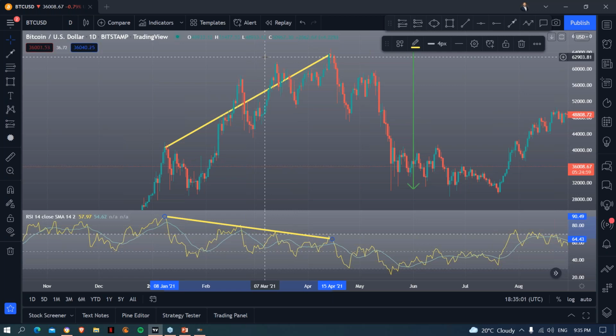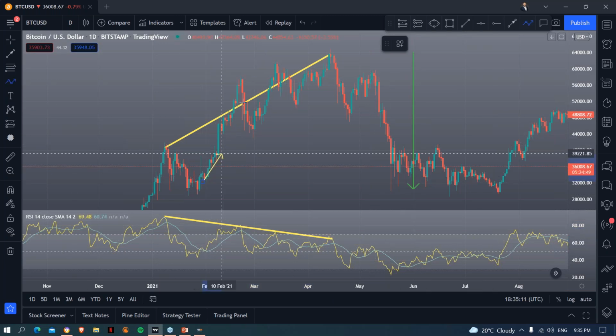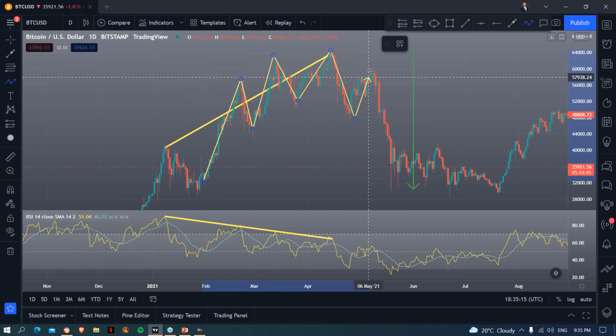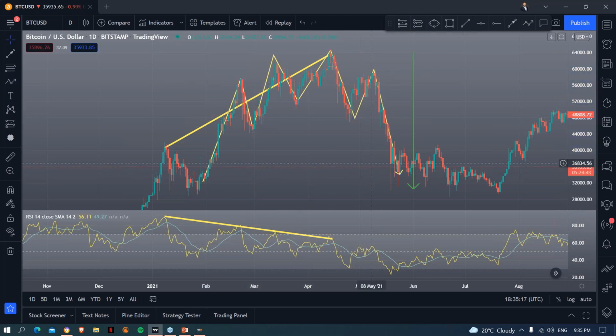These are also technical tools that we use to identify trends. And we can clearly see one here that also anticipated this drop. If you notice here, that's the first shoulder, the head, the second shoulder. This pattern, called head and shoulders, is usually a bearish sign.